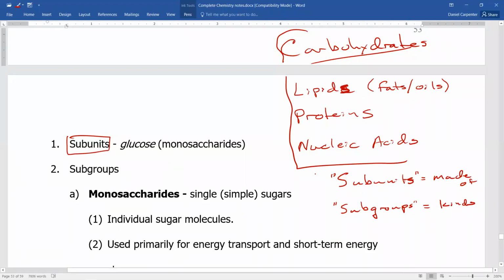So subunits is what it's made of. Subgroups are the different kinds within the category, like carbohydrate or lipid or protein. And people get these two mixed up. So you're going to want to pay close attention to the subunits versus the subgroups. See here, subunit and subgroups.